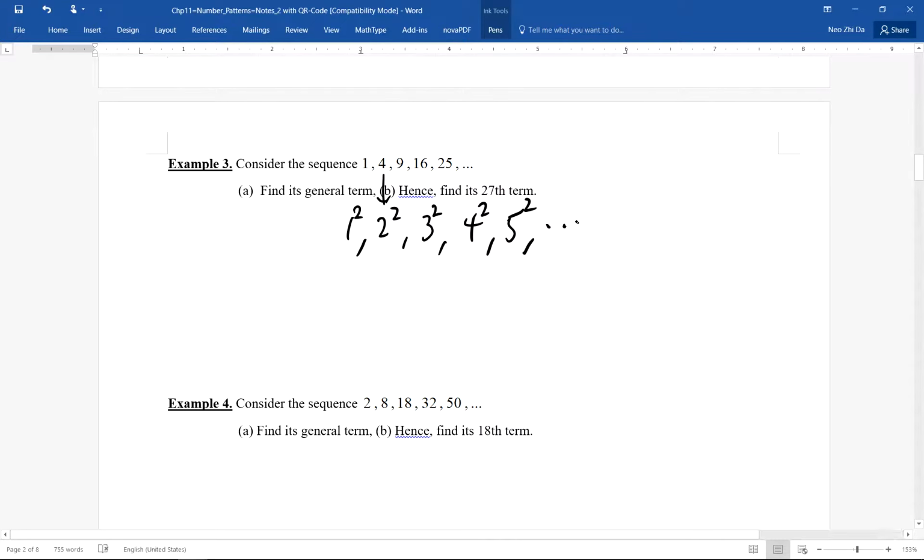The number pattern for this one we know is this. So when we put Tn, this is the general term. The formula is n squared, right?